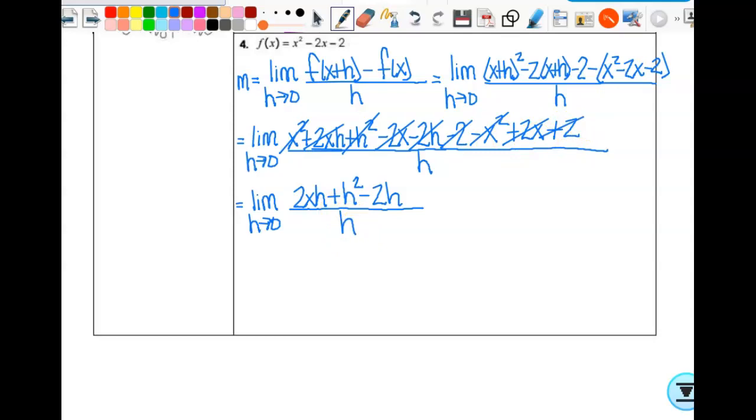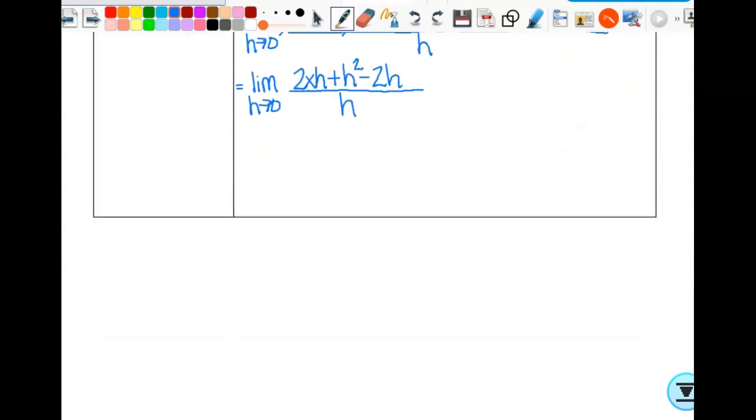I'm going to factor out my GCF in the numerator. So this will equal the limit as h approaches 0 of h times 2x plus h minus 2, all over h. Then I can reduce those.